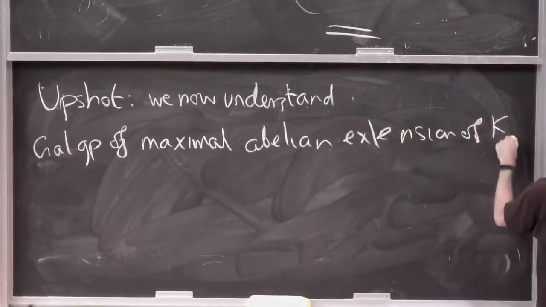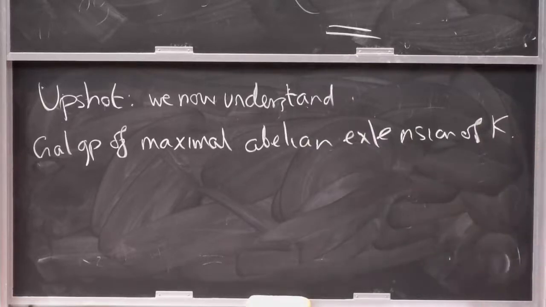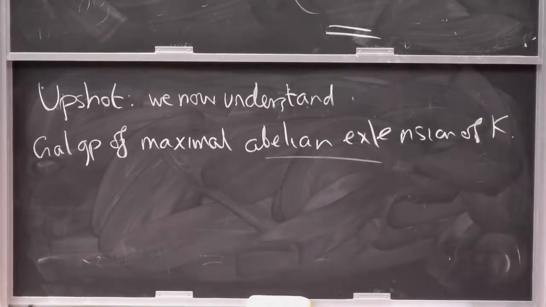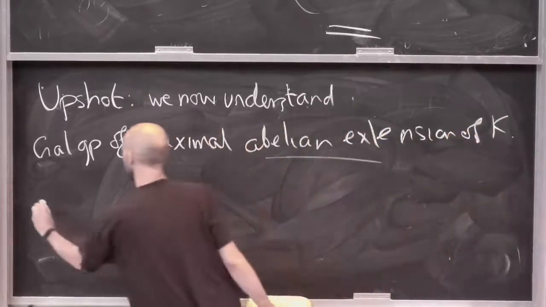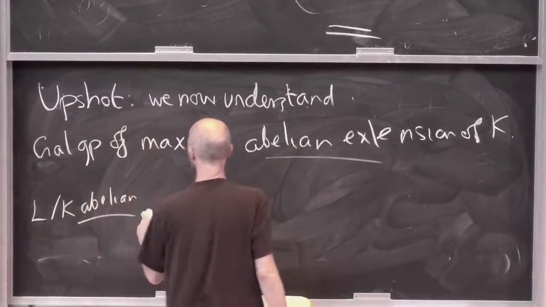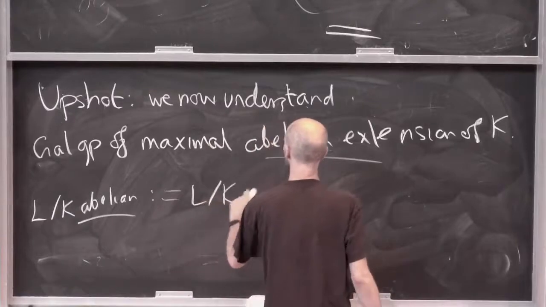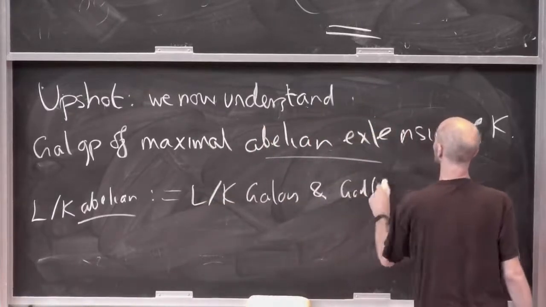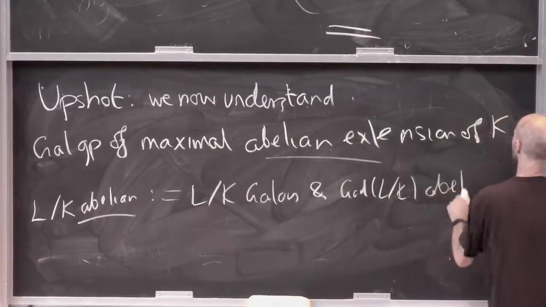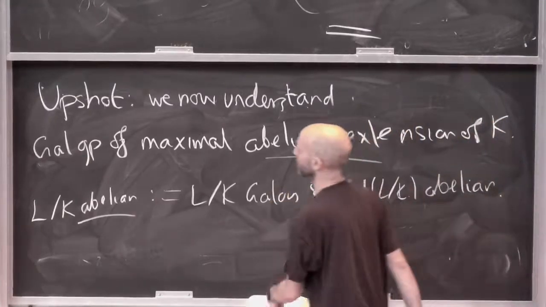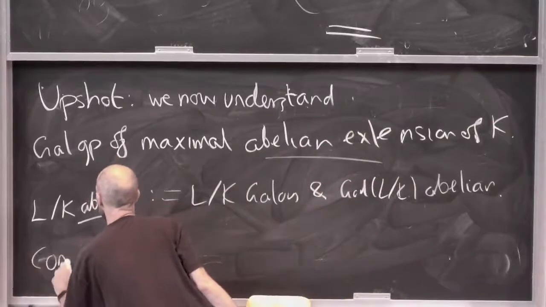So what's an abelian extension? That means it's a Galois extension, and the Galois group is abelian. So let me just say L over K abelian means L over K is Galois, and the Galois group is abelian. The compositum of abelian extensions is abelian, right?